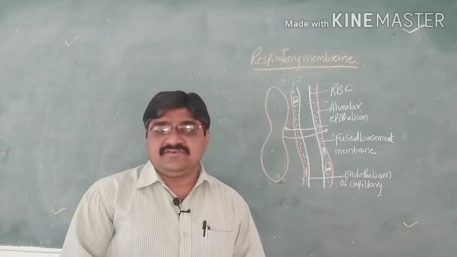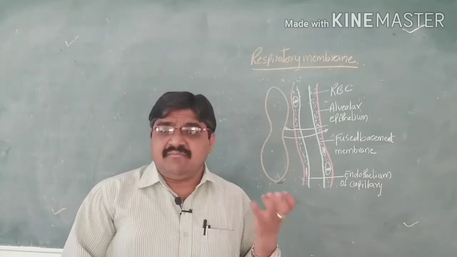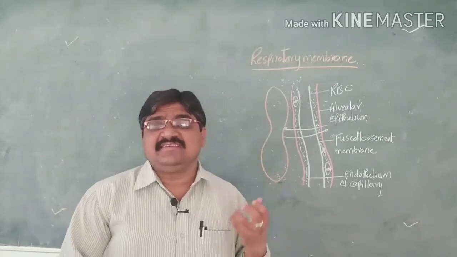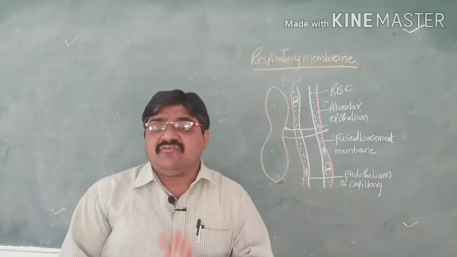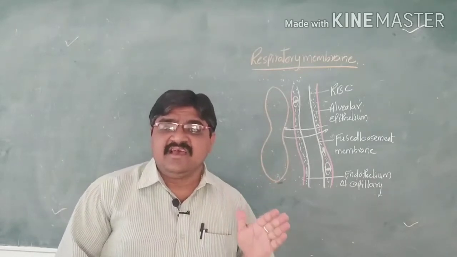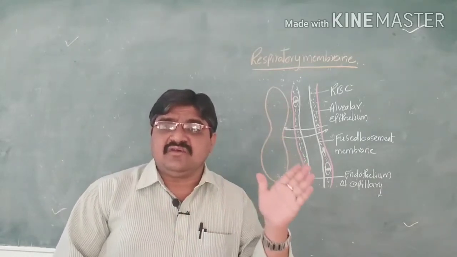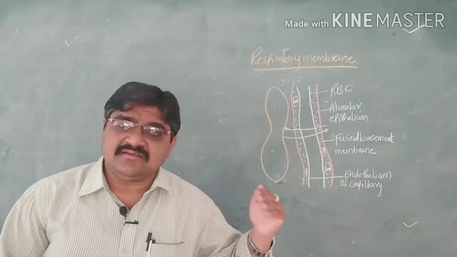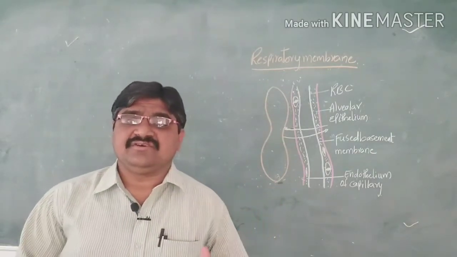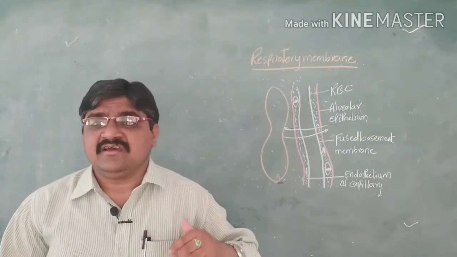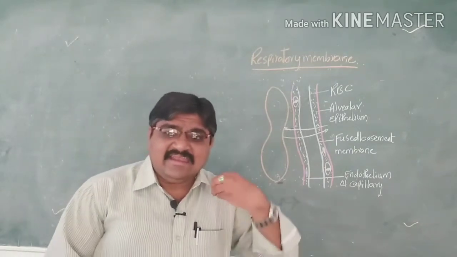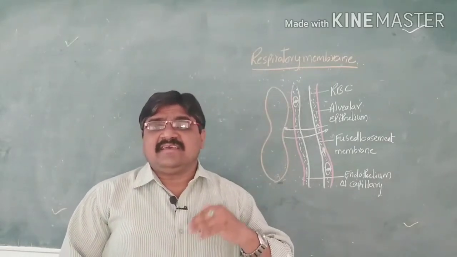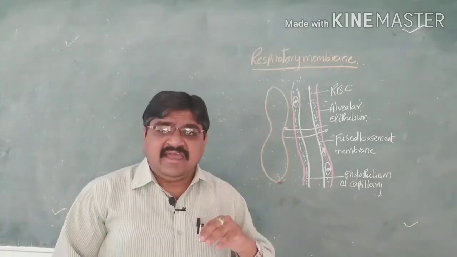Later, in expiration, due to the relaxation of muscles the volume decreases and the pressure increases. So 754 returns to 756, and 756 is converted into 760 mm Hg, for the intrapleural as well as intrapulmonary pressures. Then the air present inside rushes outside into the atmosphere.